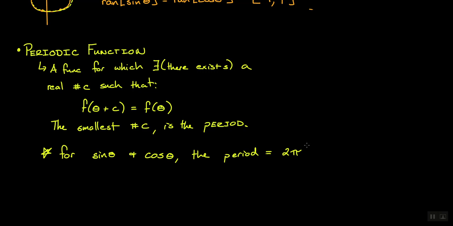You would also be correct if you said the period was what, not in radians? 360 degrees. Now, notationally, if I write this down, I'll say the period of sine of theta is equal to 2 pi. You do not have to use this exact same notation unless you want to, but that's the notation that I'll commonly use.